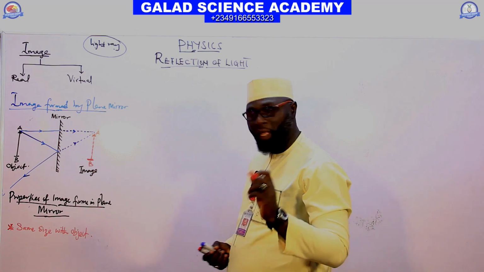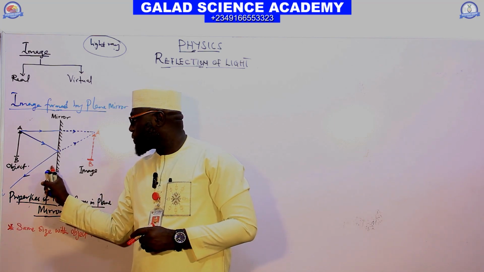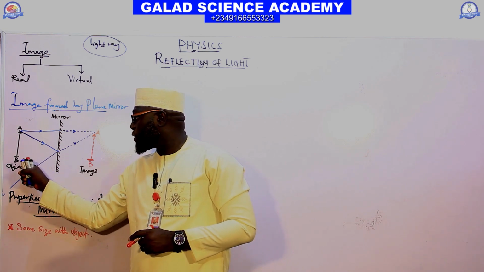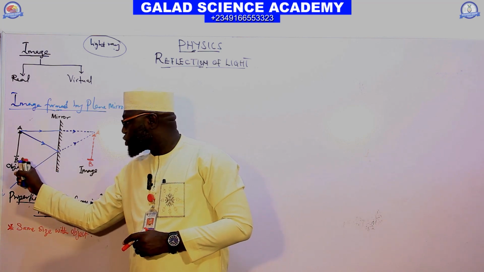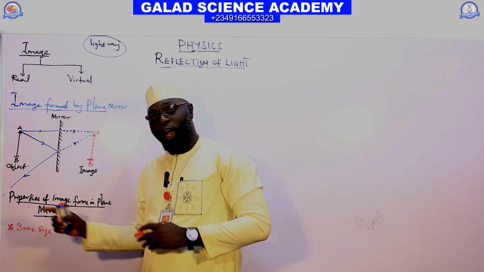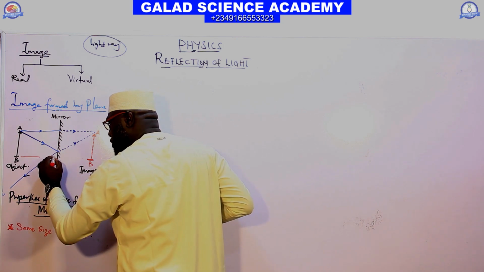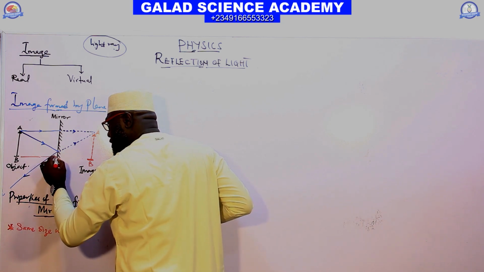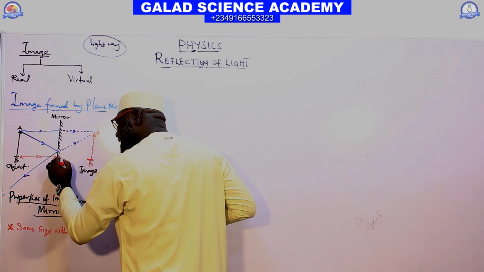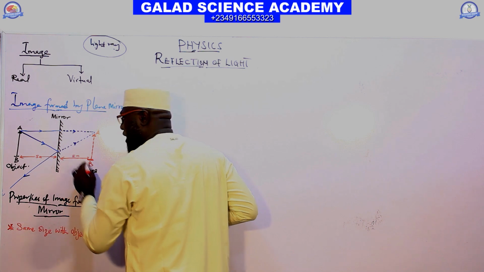The next thing is, if the distance of an object from the front of a plane mirror is 20 meters, the image distance is also 20 meters. If the distance between the object and the mirror is 5 meters, the distance between the image and the mirror will also be 5 meters.